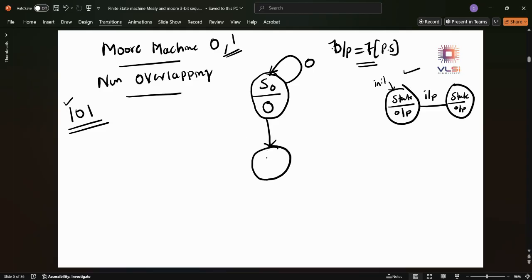And S1 also we need to see for 0 and 1. So when it is 0, the next bit of the sequence I got, that means 1 0. Here this is the initial state, and this is one state. So 1 you got at S1. Next, at S1, two possible cases. When you are getting 0, it will go to the next state.